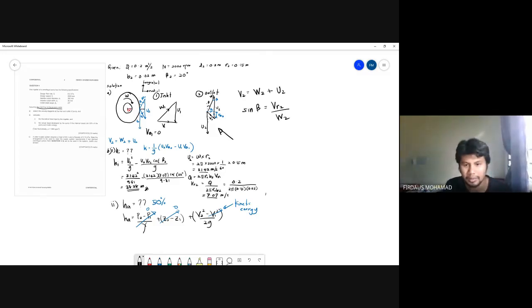VR2 kita dah ada sebab kita dah cari 7.07. So kita akan dapat W2 equal to VR2 divided by sin beta. So VR2 7.07 bagi dengan sin beta, sin 20. So you akan dapat W2. Berapa?